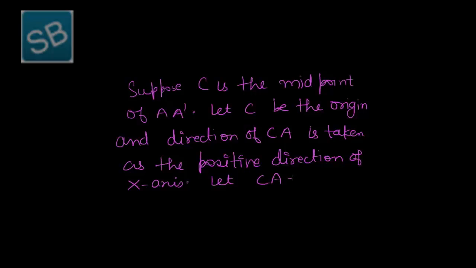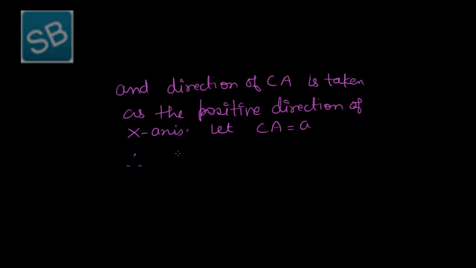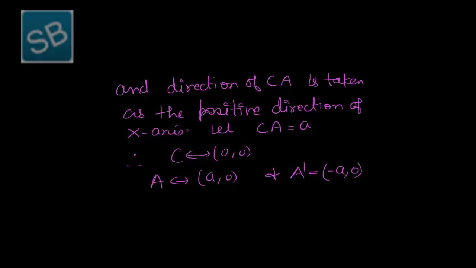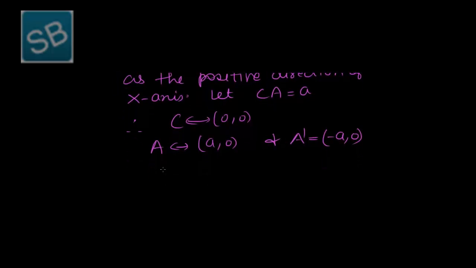Let CA is equal to a. Therefore, as C is origin, coordinate of A will be a, 0 and coordinate of A dash will be minus a, 0. And let coordinate of S be p, 0 and coordinate of Z be q, 0.